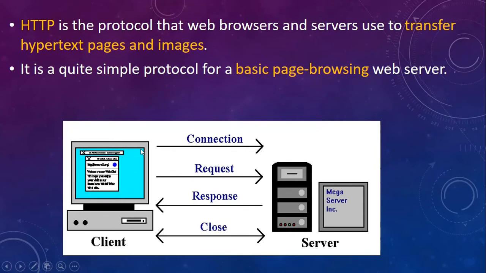So the client sends a connection request, then the server will have to accept the connection. Once this connection is established, the client will request a particular file from the server.